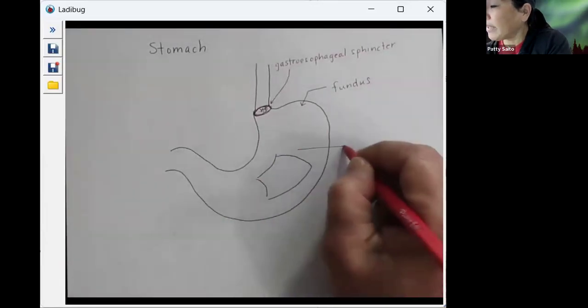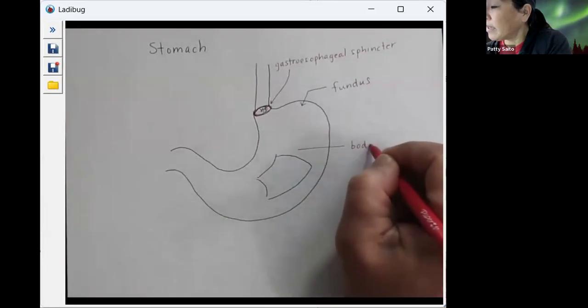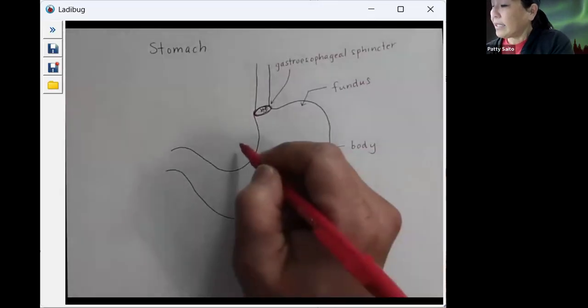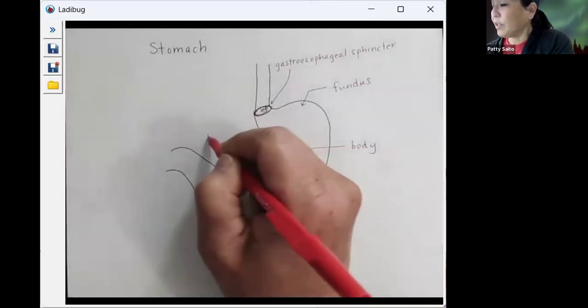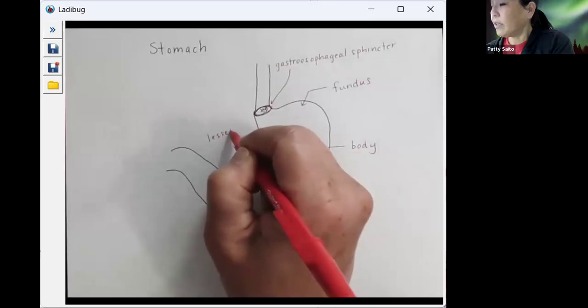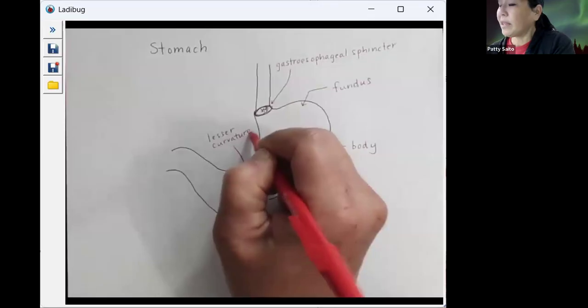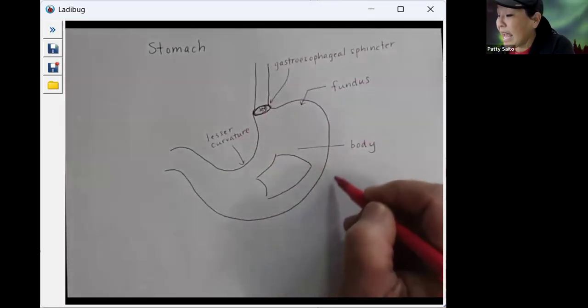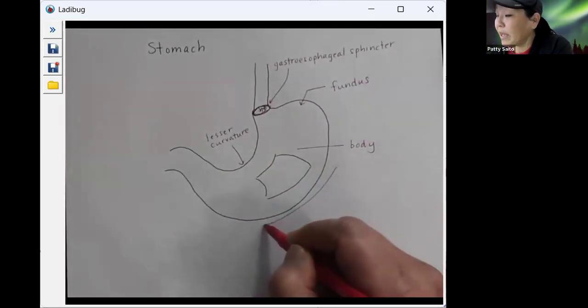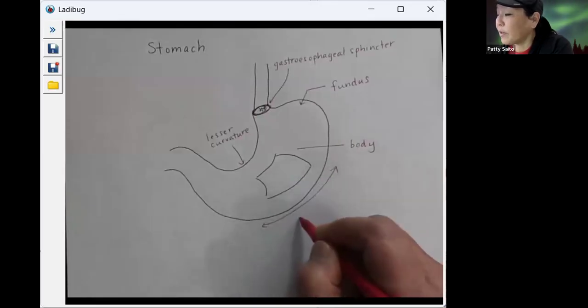So this is the body of the stomach. This is called the lesser curvature. This is where the lesser omentum attaches. And then over here would be the greater curvature.